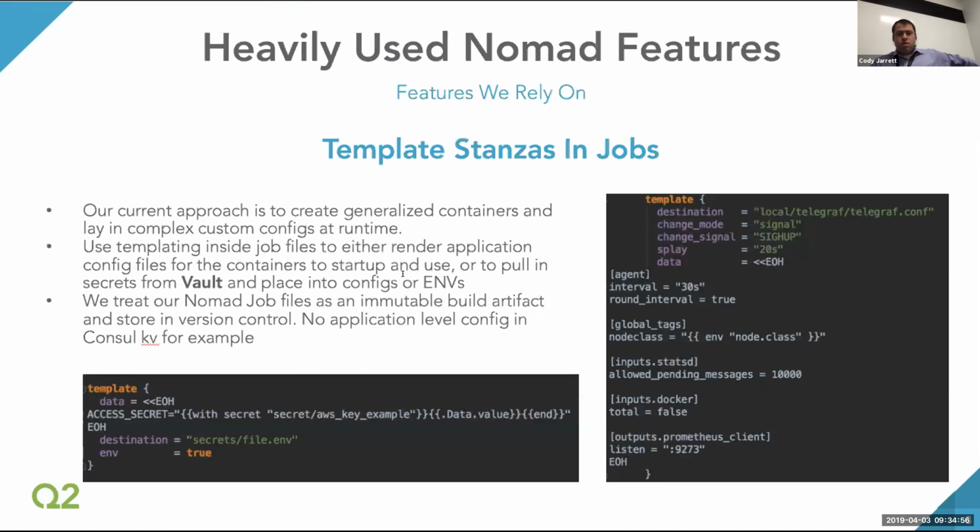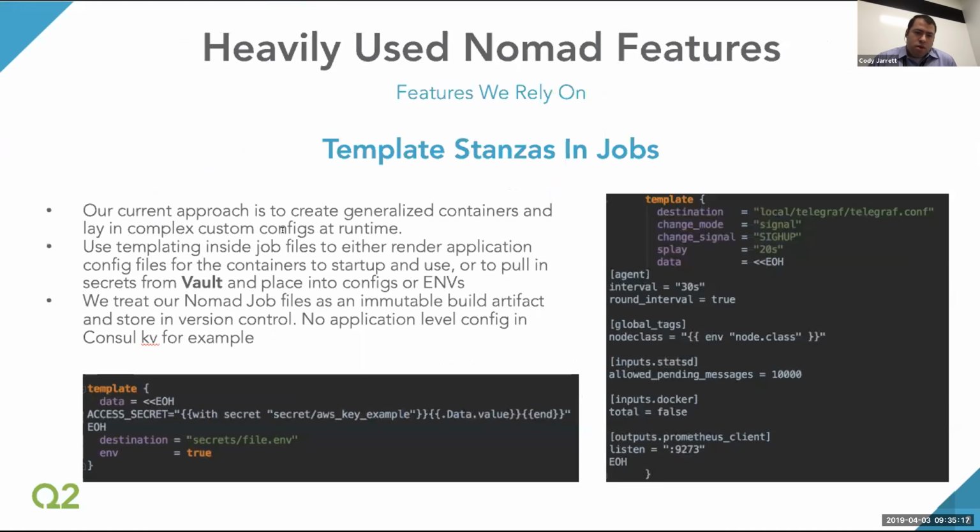Some of the features that we heavily rely on are the template stanzas in jobs. Our current approach is we create really generalized, generic containers, and then we lay in the really complex application configs at runtime.